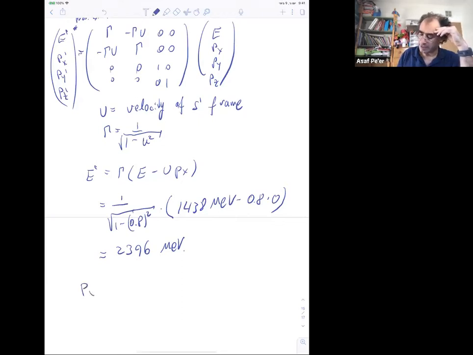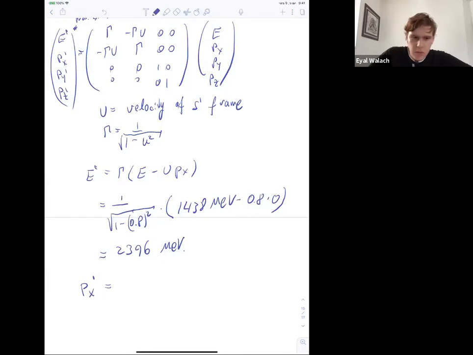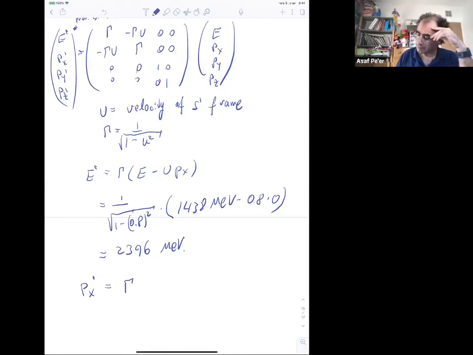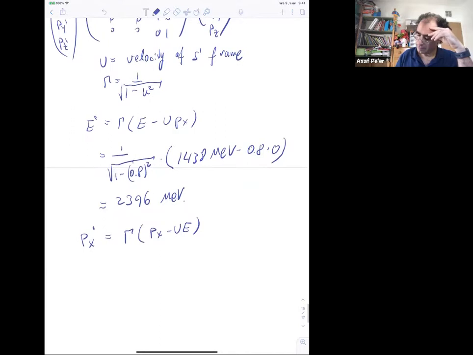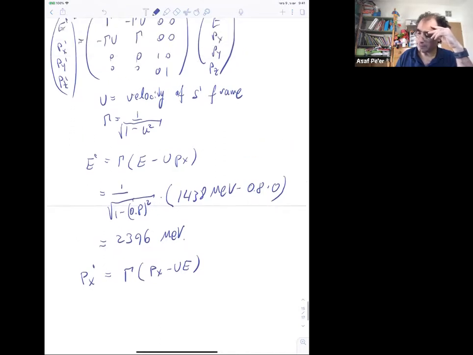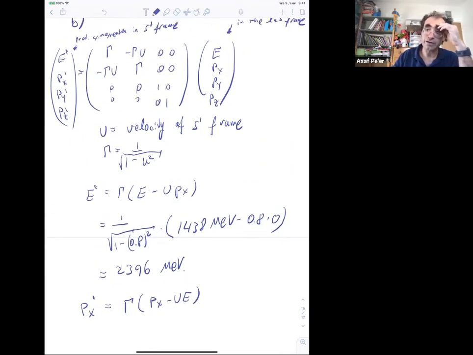What is Px prime? Gamma times Px minus UE. You all see that? It just follows from the matrix multiplying the four-vector.